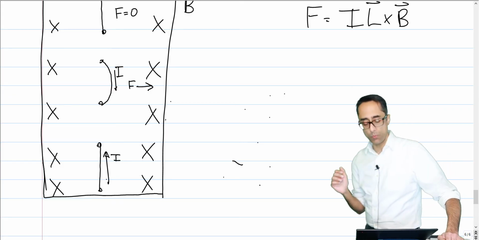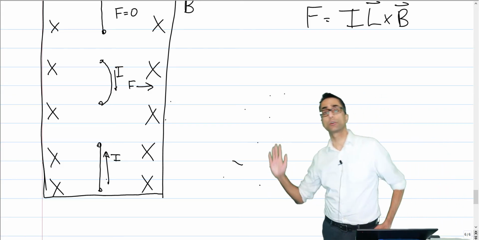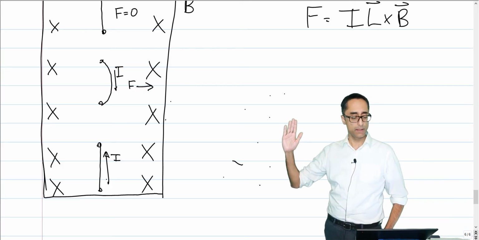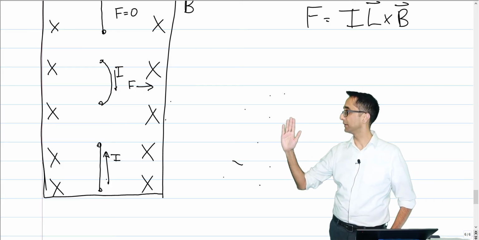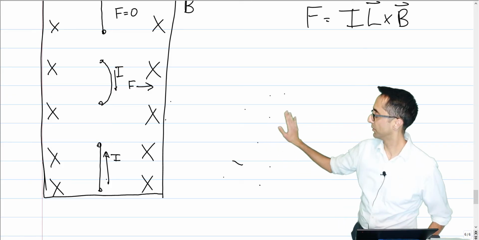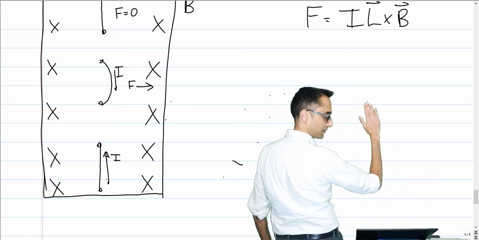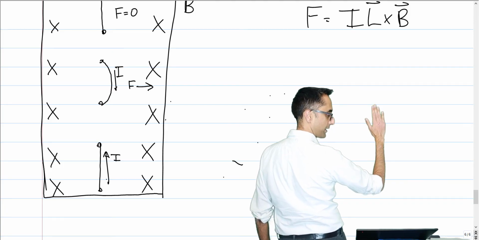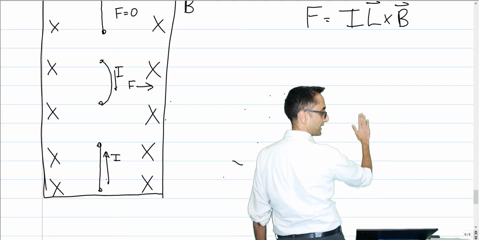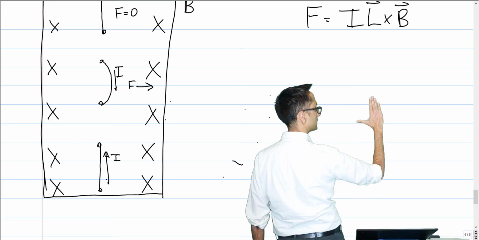Okay, now what we have is the current going up. The magnetic field is into the page. Well, it's hard to do. Maybe I'll stand like this. Okay, so it's going this way. Got my current up, got my magnetic field into the page, go 90 degrees.